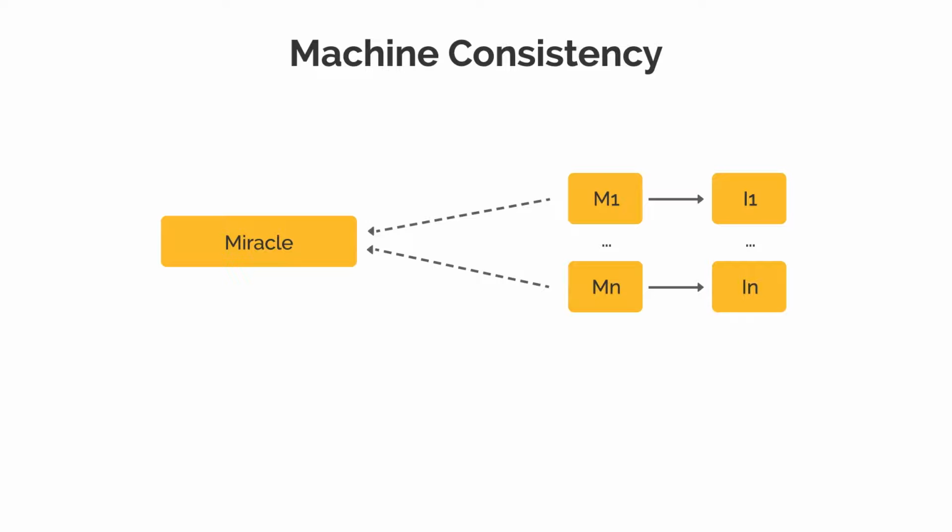The problem is that at some point we have to implement the miracle machine, and as we saw, we will simply not be able to implement it. That will cause the whole project to break, because we are based on a machine that we are not able to implement.